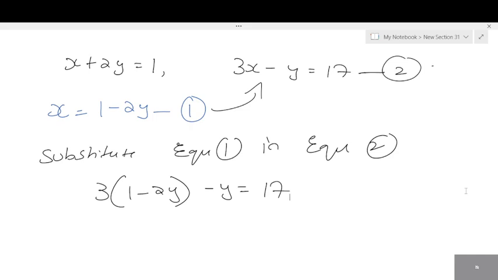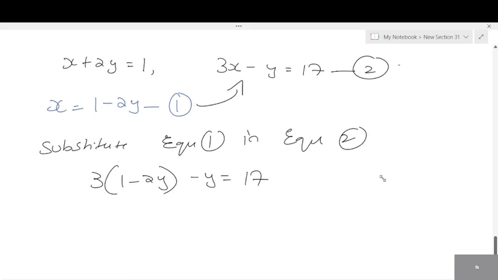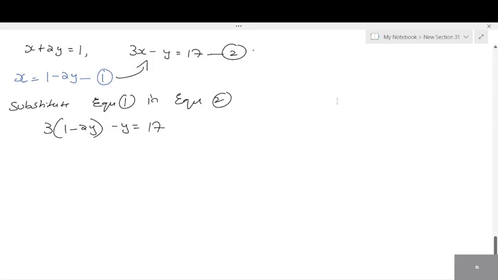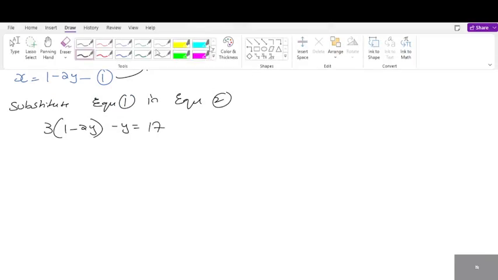Up to 8 o'clock I'll conduct. Complete this question and send a pic. Initially you don't send anything, you don't respond, then at the last moment you struggle and you don't understand how to solve.